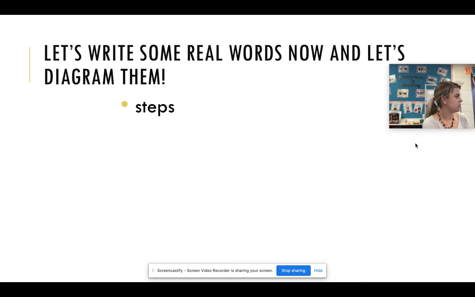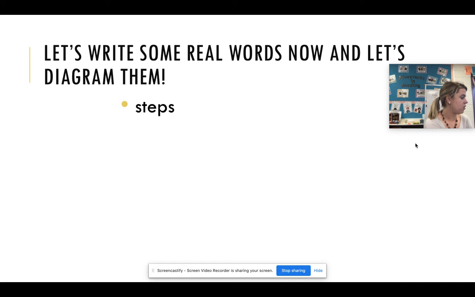All right, I am going to try to find my next word. Miss Gates was not super prepared. I did not have it pulled up. Okay, let's see. Okay, I got it. Here we go. My word is skates. Skates. Ooh, but that A has to make its name somehow.